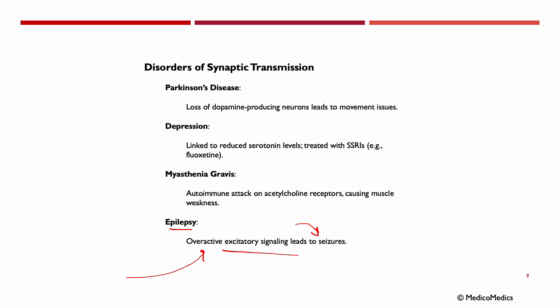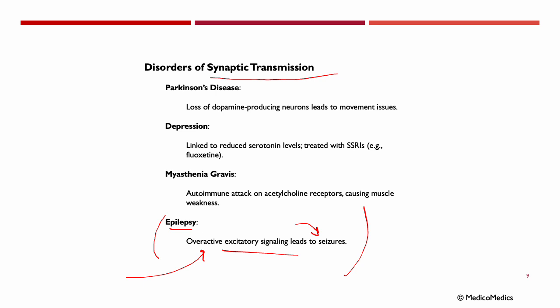And this hyperactivity can result from imbalances in neurotransmitters such as glutamate, which is excitatory, and GABA, which is inhibitory. Of course, seizures can vary in type and severity. They can be very brief, and they can be full-body convulsions. So treatment would be anti-epileptic drugs like valproate to stabilize neural activity.